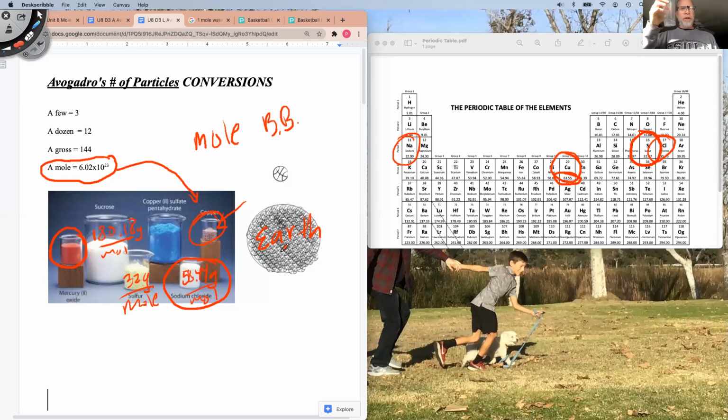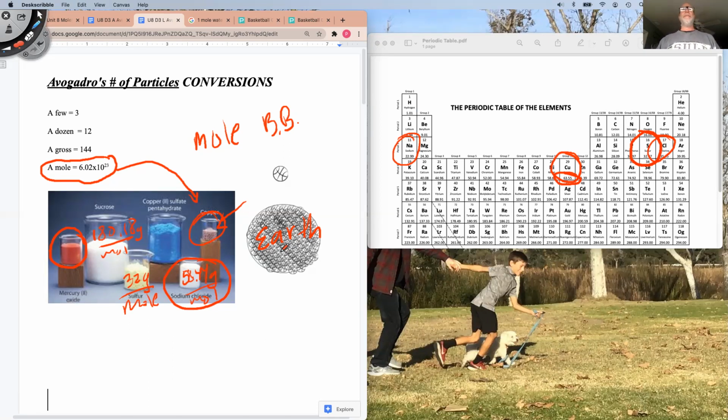This is 6.02 times 10 to the 23rd molecules of water. And if each one of those molecules, when I snap my fingers, which I'm not going to do because I'd hate for it to come true, turned into a basketball, we would have a pile of basketballs the size of the Earth. The Earth would be wiped out.